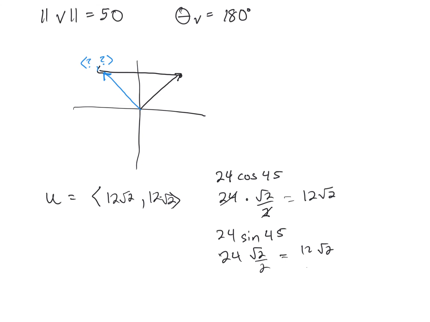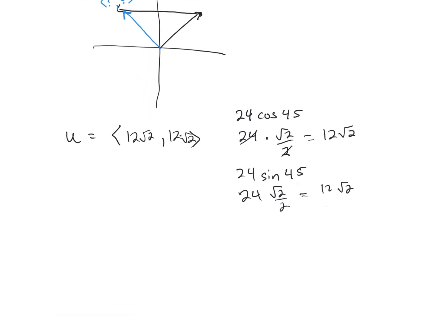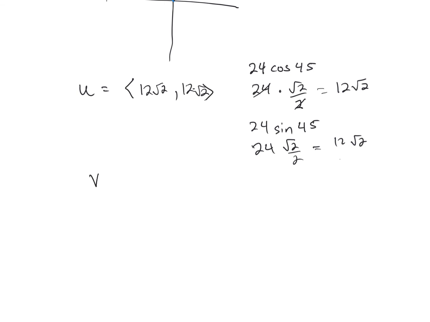So let's do our components for v. Remember, v is 180 degrees, or pi, and the magnitude is 50. First, we do 50 times cosine of 180.